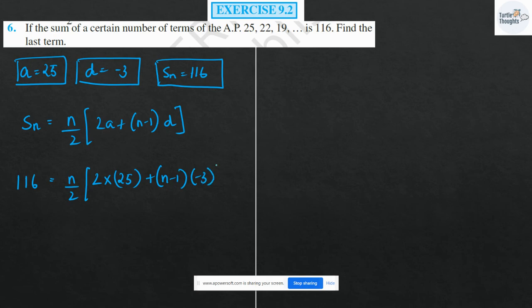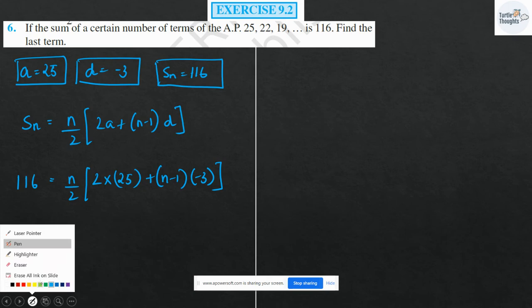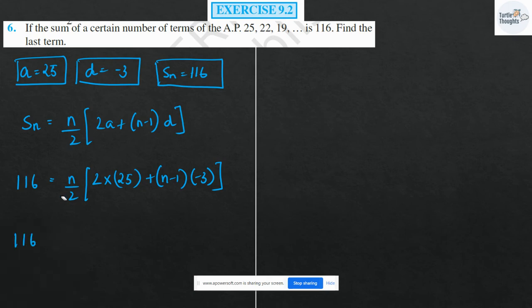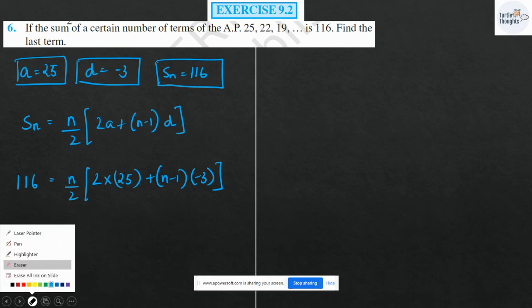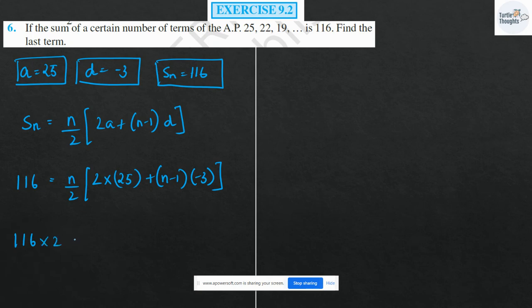D is minus 3. Now 116 multiplied by 2, I can take this 2 to the LHS. This is going to be equal to n multiplied by 2 into 25, which is 50, minus 3 into n, which is minus 3n, and minus 1 into minus 3, which is plus 3.